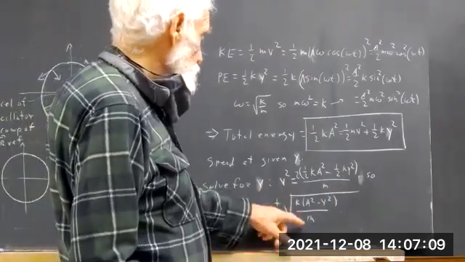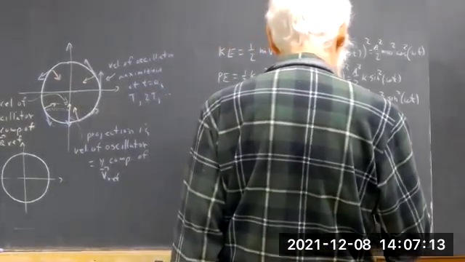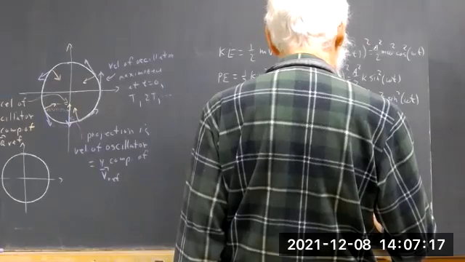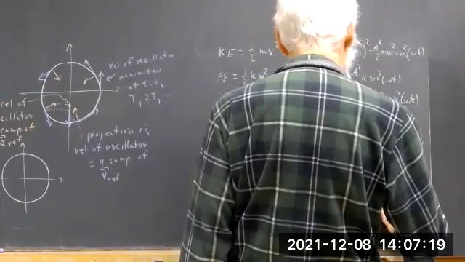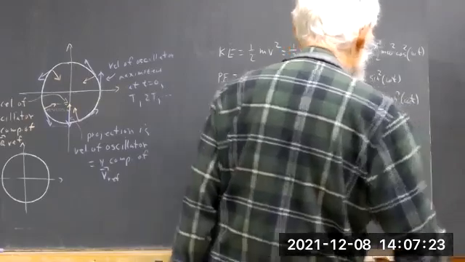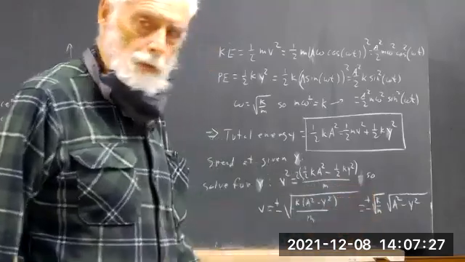And of course, then you could factor out the square root of k over m. But then you recognize that the square root of k over m is just omega.